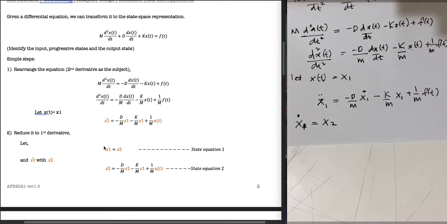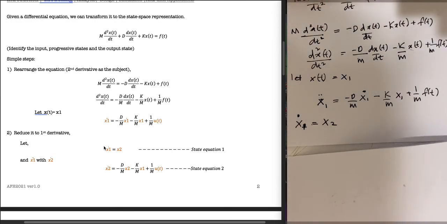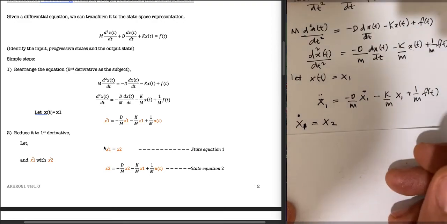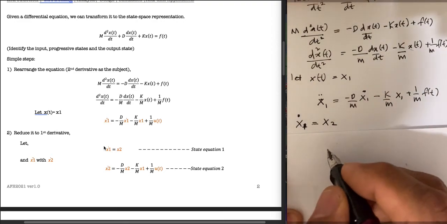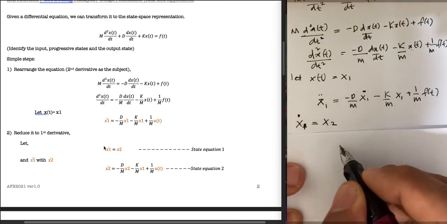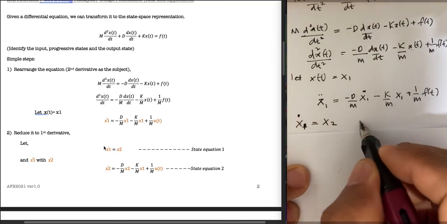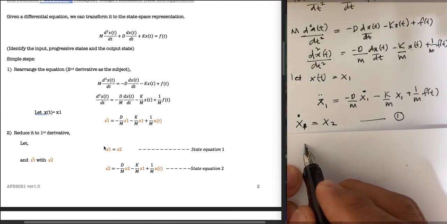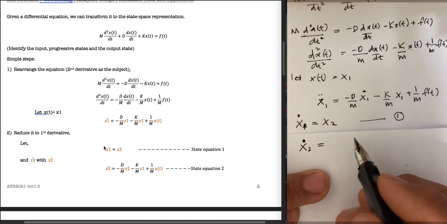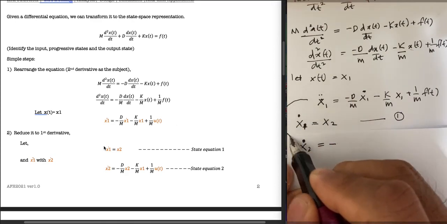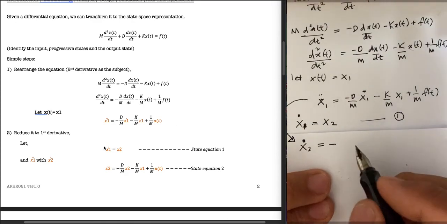Okay, we have that. Then rewrite again, because we know that x1 dot is x2. That is our first equation. Then x2 dot equal to minus, we rewrite again this in terms of x2.